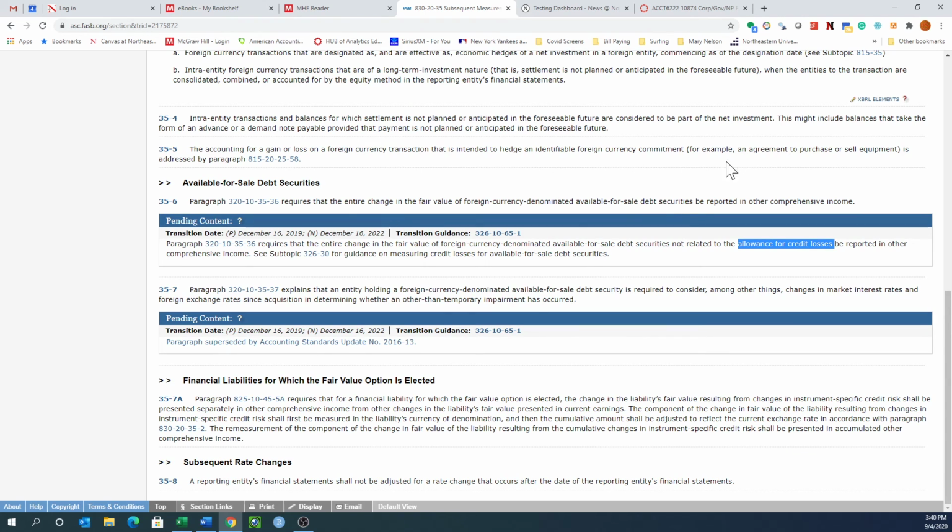So for available for sale securities, it's all going to go to OCI except for credit losses, and that's any kind of fair value change, whether it is market changes in interest rates or if it's an FX issue.